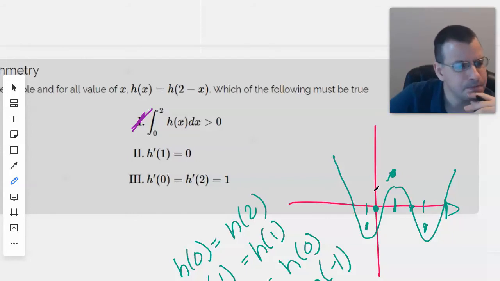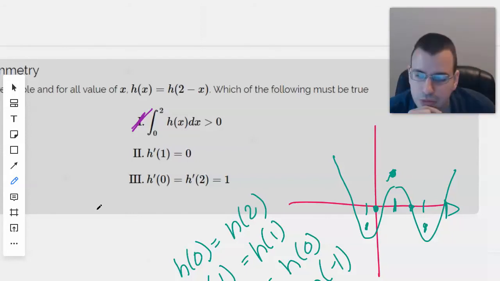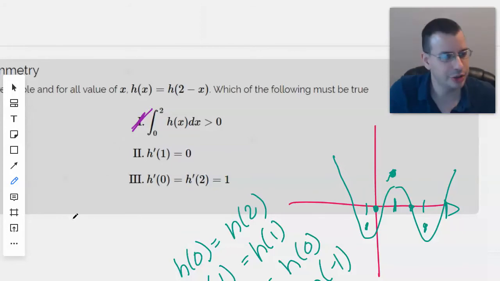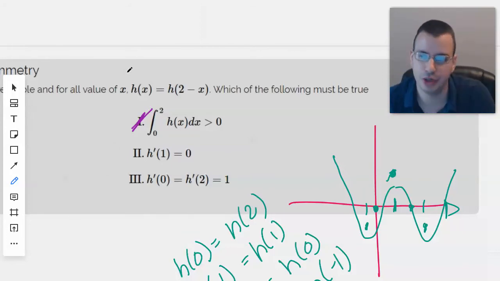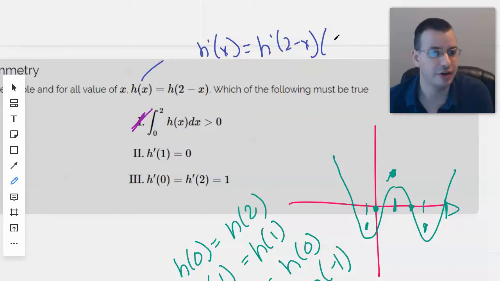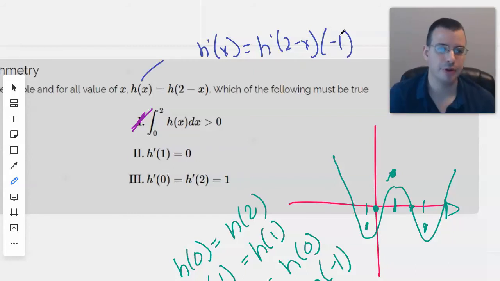So yes, we could probably even look at this mathematically, which I assume, since it's a math test, is what we should be doing in life. If we take the derivative of both sides, we get h prime of x equals h prime of 2 minus x times the derivative of the interior, which would be negative 1, chain rule.